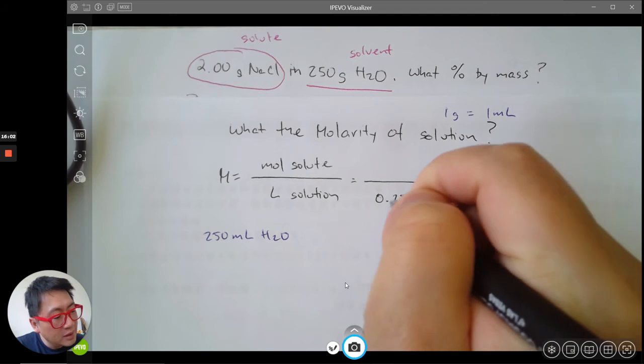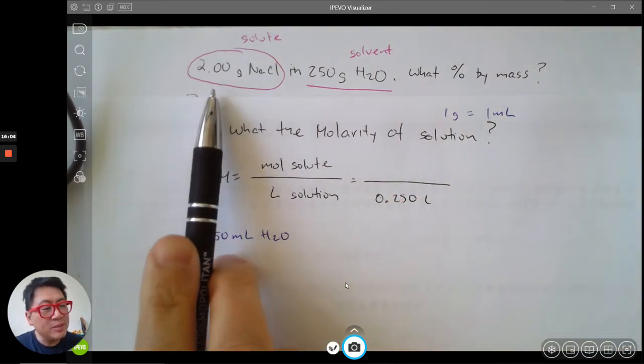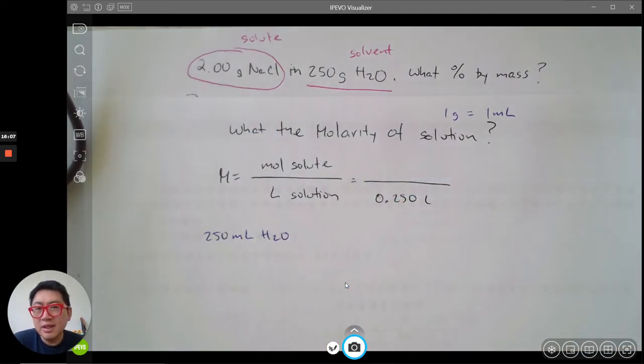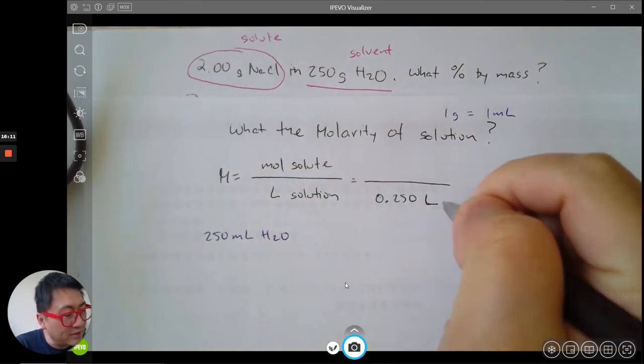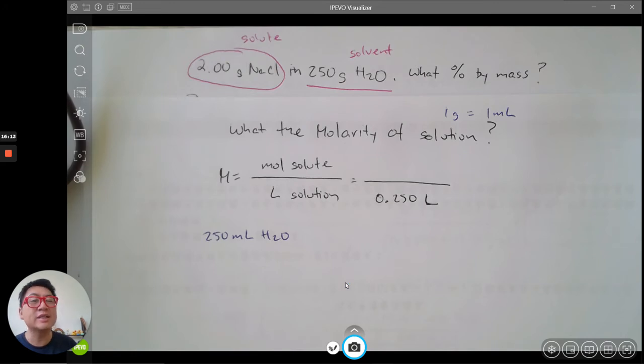Once you add a little bit of salt, it increases the volume a little bit, but for the point of this question, I'm just going to ignore that for right now. Technically I would need a little bit more information. So maybe I should have changed the question to say 250 grams of solution, or 250 milliliters of solution. That's okay. It's technically not 100% accurate, but that's fine for now.